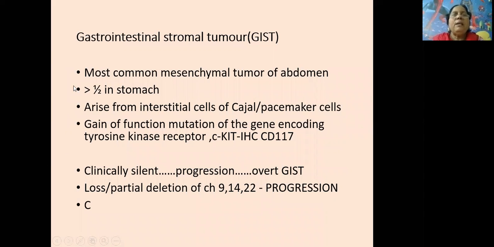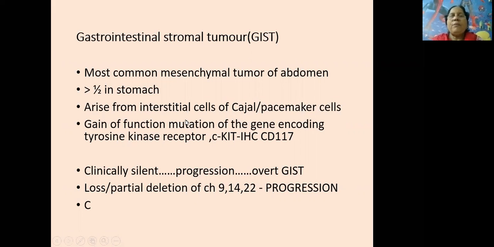And finally, gastrointestinal stromal tumor, otherwise called GIST. It is the most common mesenchymal tumor of the abdomen, and more than half of them, 50%, occur in the stomach. What is the cell of origin? The interstitial cells of Cajal, or pacemaker cells. How does this tumor arise?